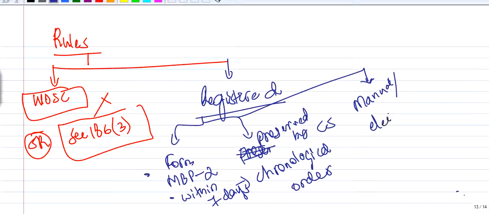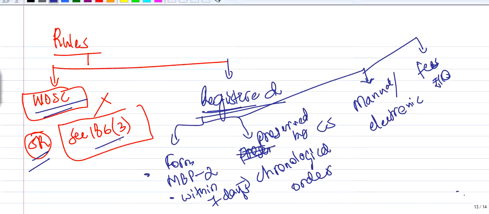For copies they have to collect fees, correct, for extraction of the copies. Should not be more than 10 rupees for each copy. So this is with regard to the register. And the wholly owned subsidiary company, no need of section 186 subsection 3. That is, if it exceeds the limit, special resolution is not required.